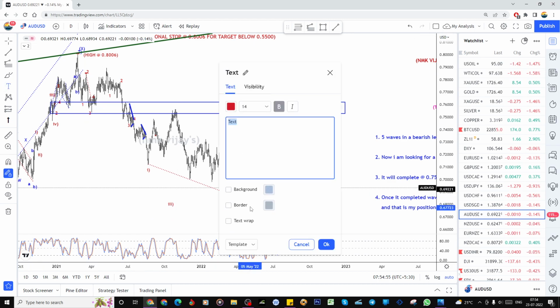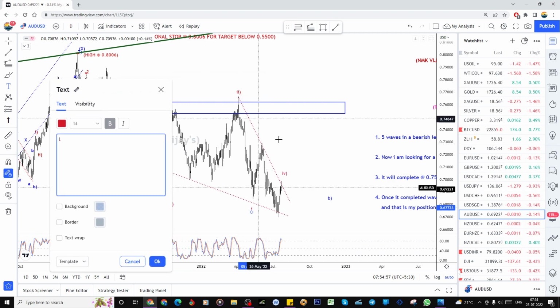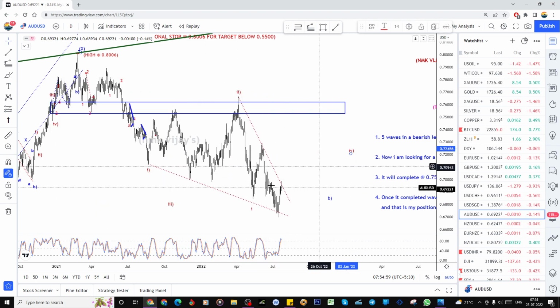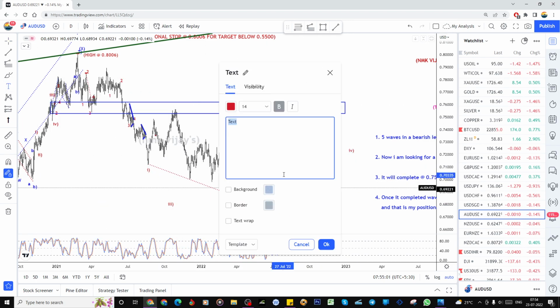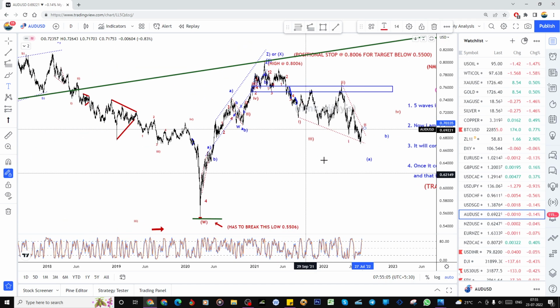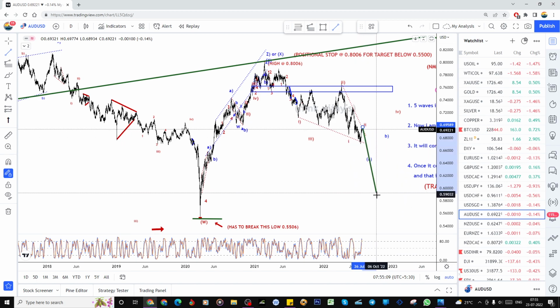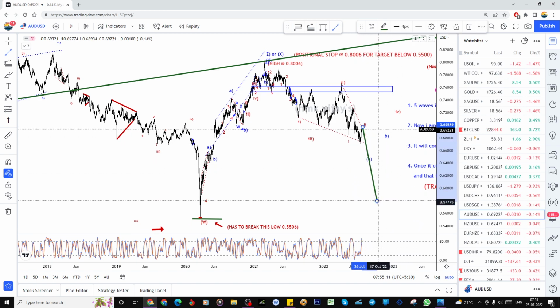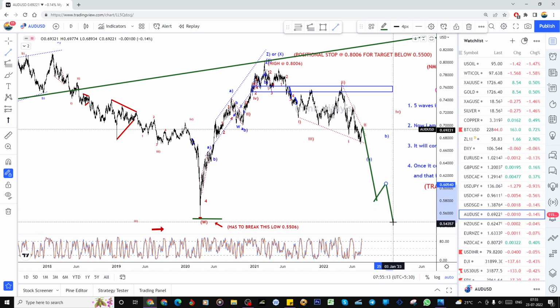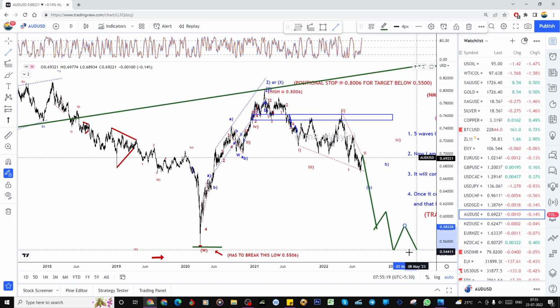That means this is the 1, this could be the 2. After this, it could be a strong fall also, the 3, and then 4, and then 5. Later onwards, 1, 2, 3, 4, and 5, and it will hit our target.